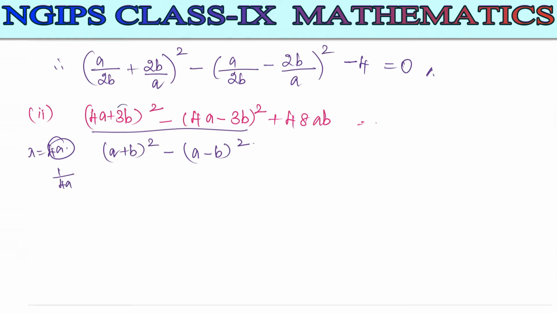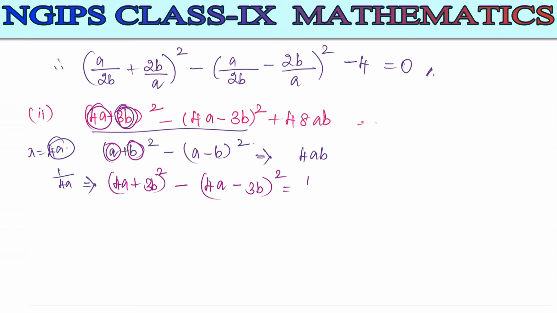We don't have the inverse here, so what we need to apply, we need to take a plus b whole square minus a minus b whole square. The formula is 4ab. So in this condition, in the place of a we have 4a, so I can write 4a plus in the place of b we have 3b whole square minus, in the place of a we have 4a minus 3b whole square is equal to 4 into a value, here we have 4a, right?